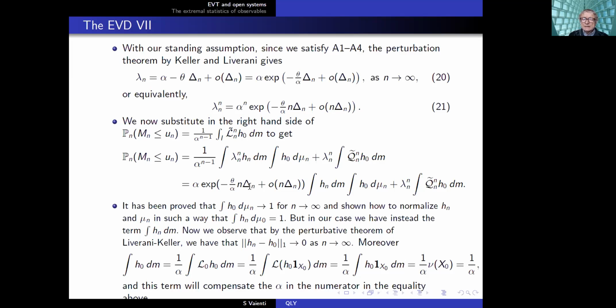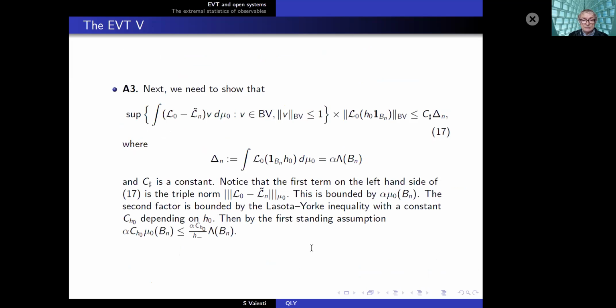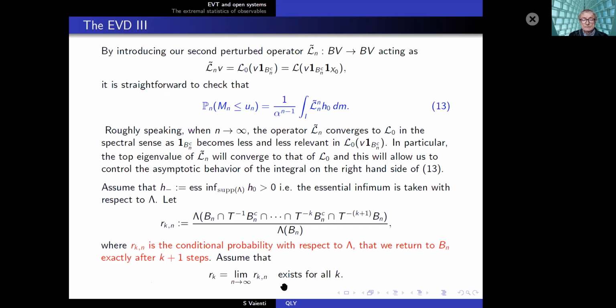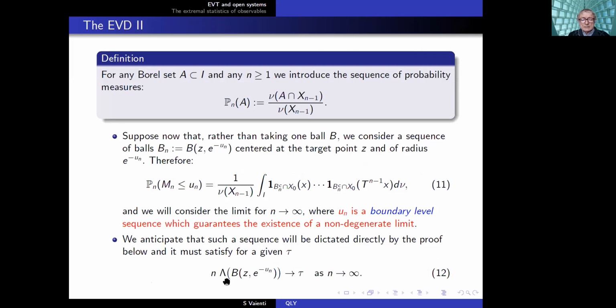I remind you that delta n is the measure living on the surviving set applied to the target set, which is a ball with a radius which depends on un, and un was exactly this boundary level. And this condition is exactly what I wrote here before. Okay, so lambda bn in the previous formula was exactly this quantity here.